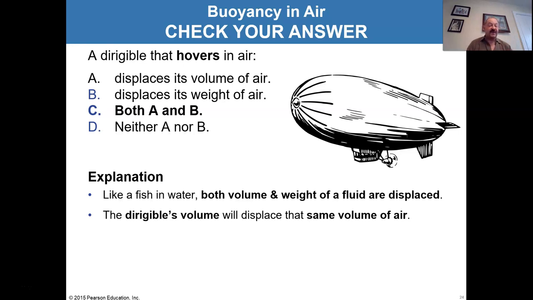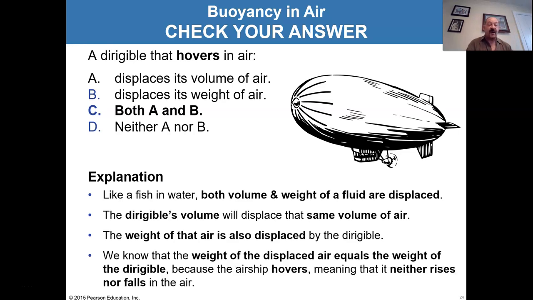So the dirigible's volume will displace the same volume of air, the whole volume, and that weight of air will account for the buoyant force. So we know the weight of the displaced air has to equal the weight of the dirigible. Two forces have to be equal because the buoyant force has to equal the weight force, and that is why it hovers. It neither accelerates up nor accelerates down.